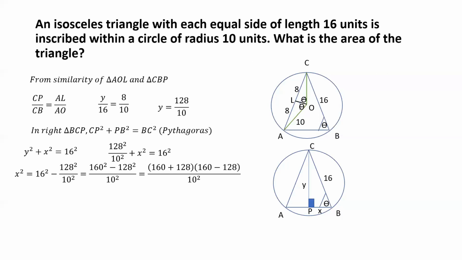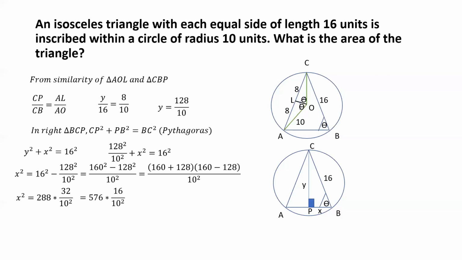To avoid calculating the squares of large numbers, I use the formula a square minus b square equals a plus b multiplied by a minus b. So in the numerator I get 160 plus 128 multiplied by 160 minus 128, and the denominator is still 10 square. So x square is 288 multiplied by 32 divided by 10 square.